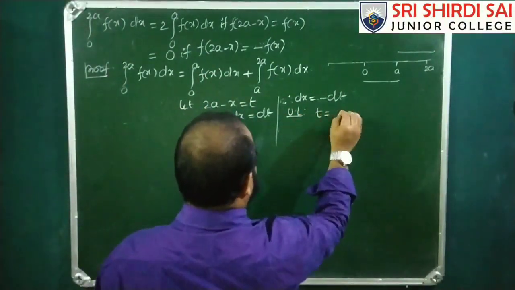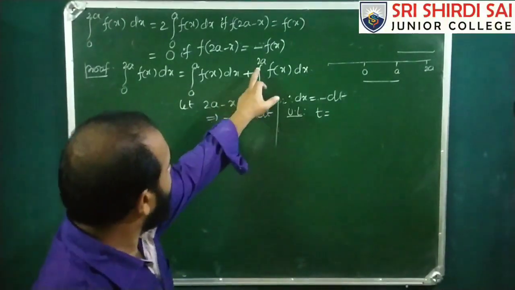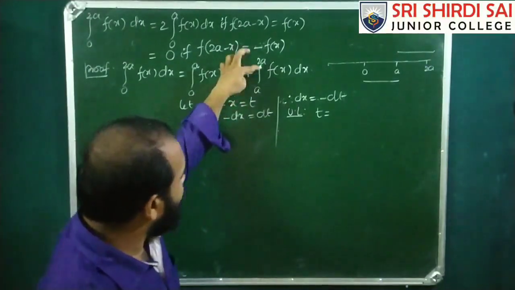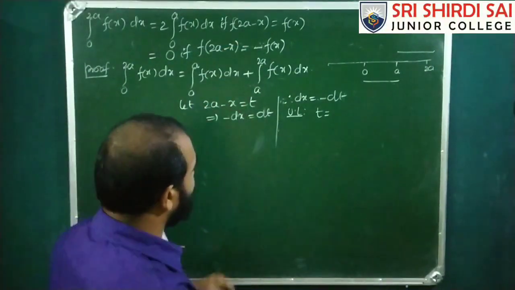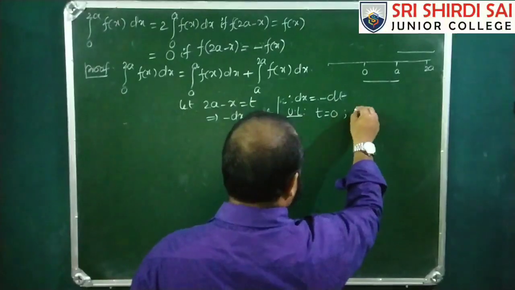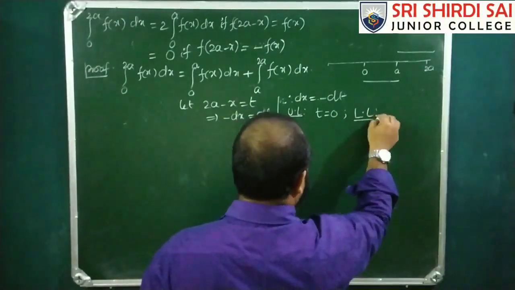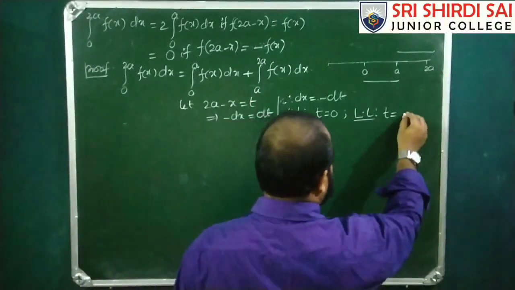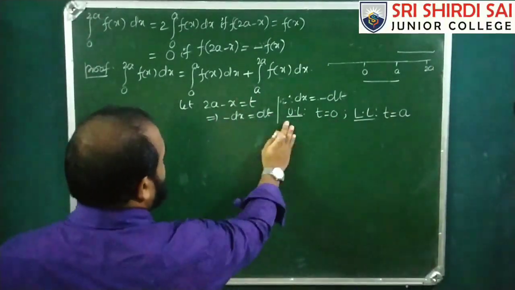So t is equal to 2a minus 2a, because the value of x upper limit is 2a. 2a minus 2a is 0, and lower limit t is equal to 2a minus a, that is a.